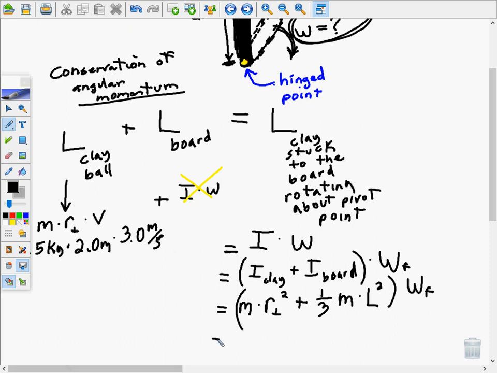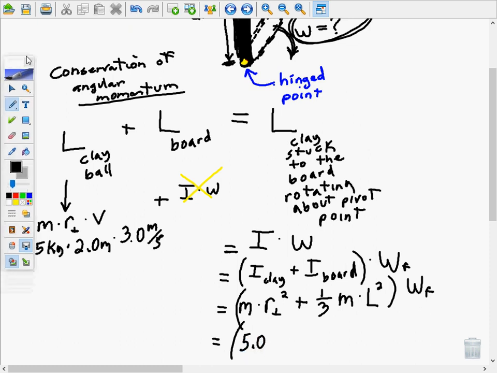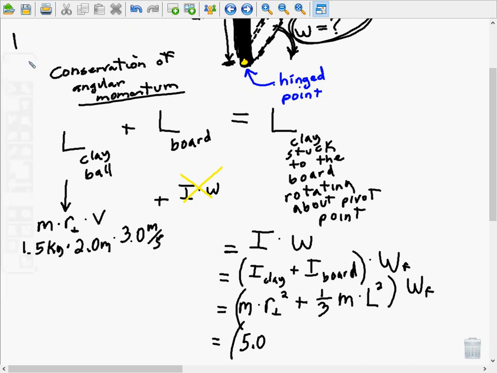So if I put in the values here, the mass of the clay is, oh no, 1.5. Yeah, 1.5.